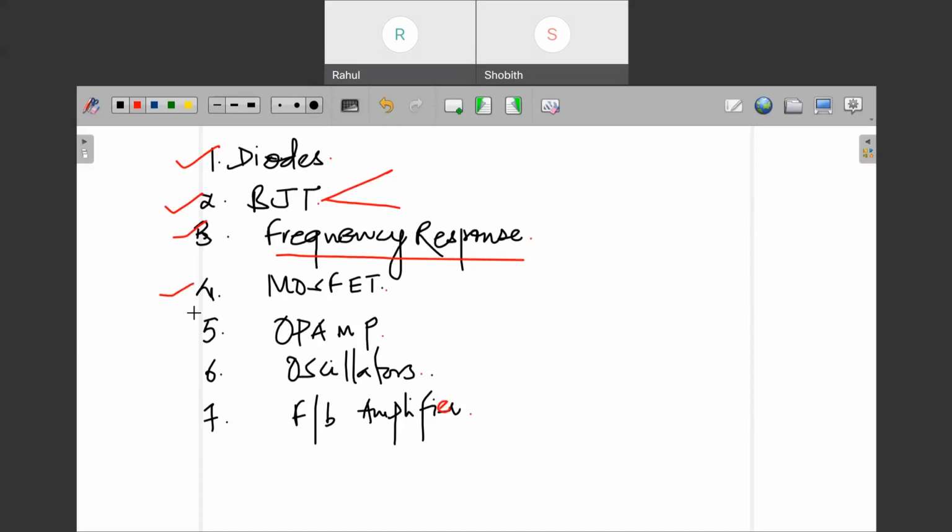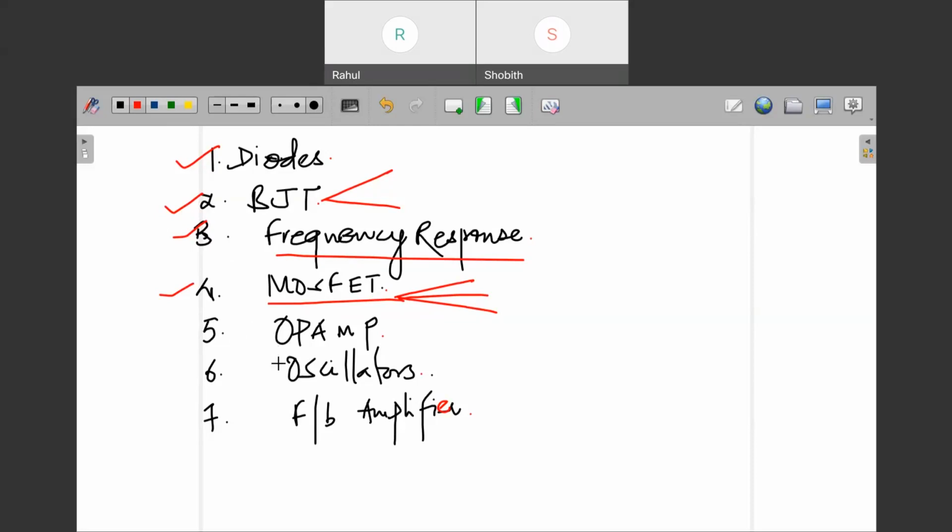We will discuss MOSFET, where we will discuss all three regions of MOSFET, and then we will take all three configurations, common gate, common base, and common drain, and try to find gain by inspection, without drawing the small signal model, because that is required to solve the question within 40 seconds.